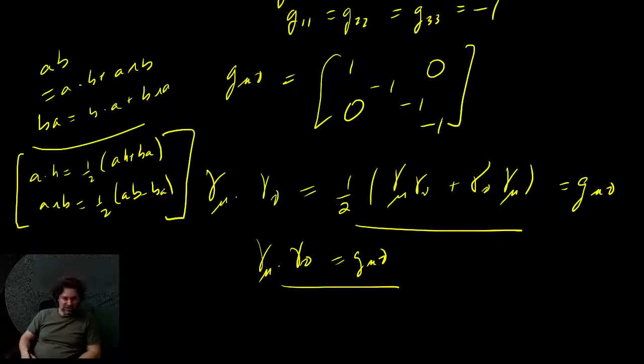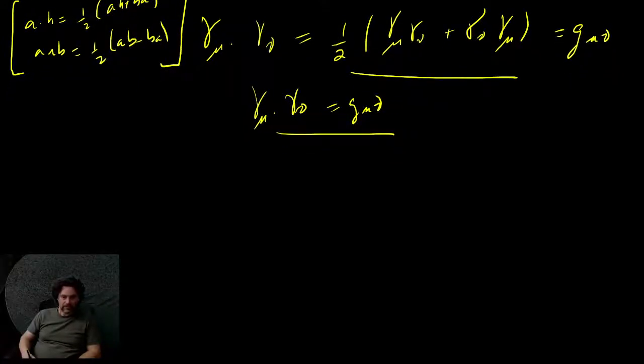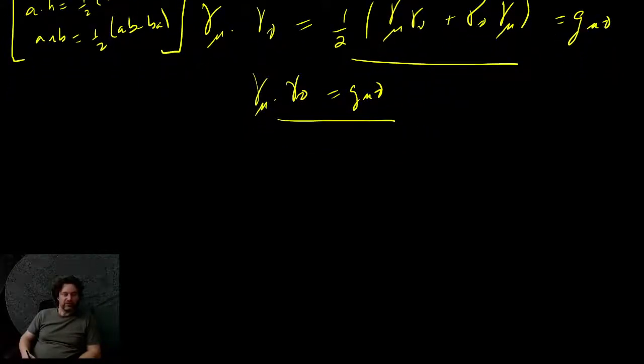With such a definition of length, we are now free to do some computations. The simplest thing we want to compute: let's take a vector, say a position vector with coordinates x mu.